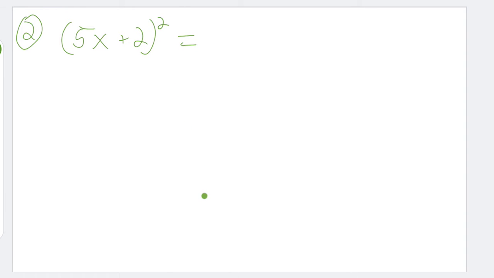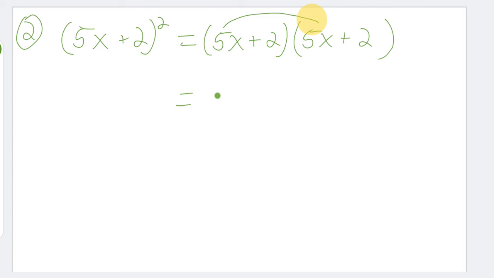Next up, we got 5x plus 2 squared. So remember, when you got something squared, you have two of them. So we got 5x plus 2 times 5x plus 2. So when we multiply that out, we got 5x times 5x.